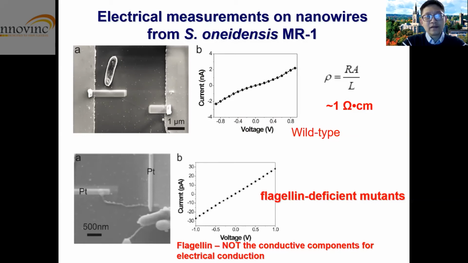So we found the resistivity is around 1 ohm centimeter for wild type. We also did the measurement on the flagellin deficient mutant. We also found the conductivity or resistivity of the nanowire of the mutant bacteria.